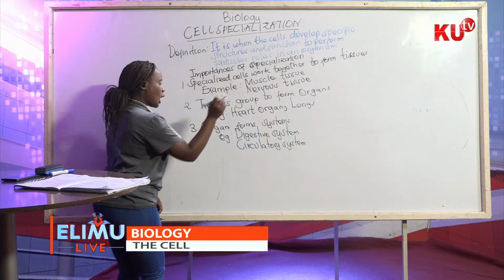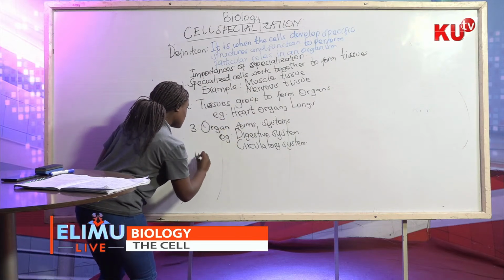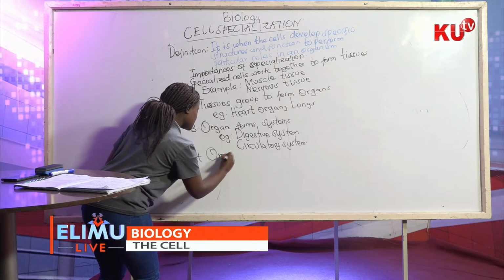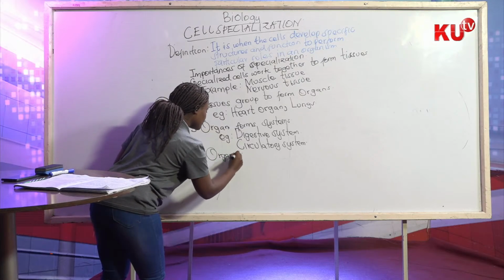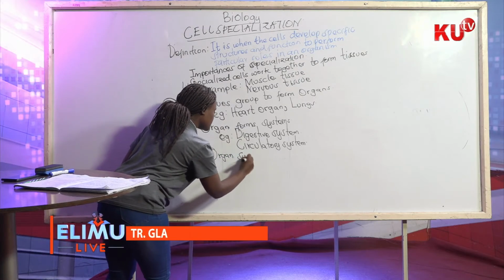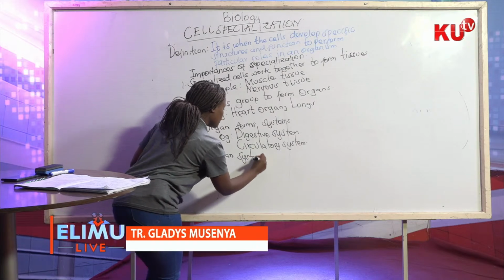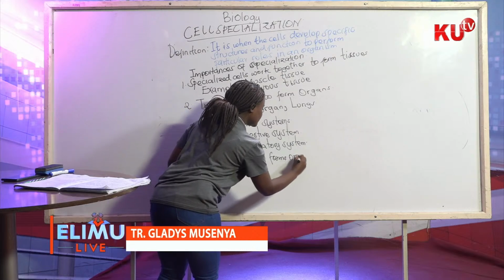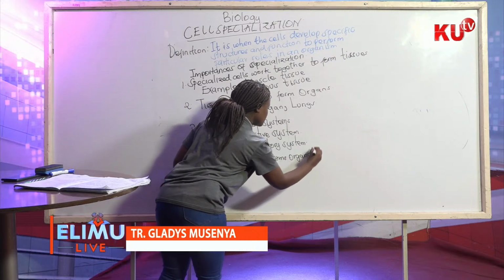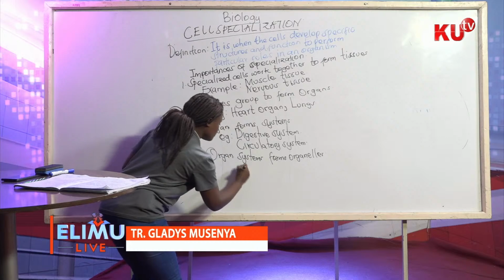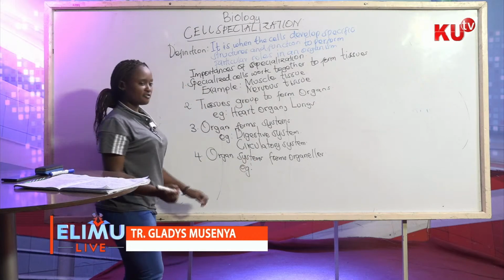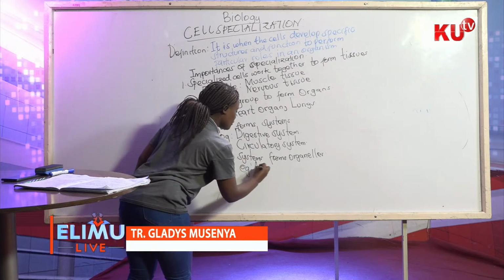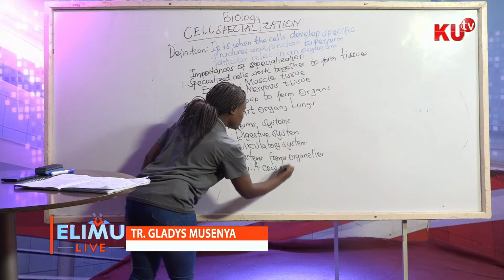And then the organ systems form organisms. Example, we have an animal, a cow, a human being.